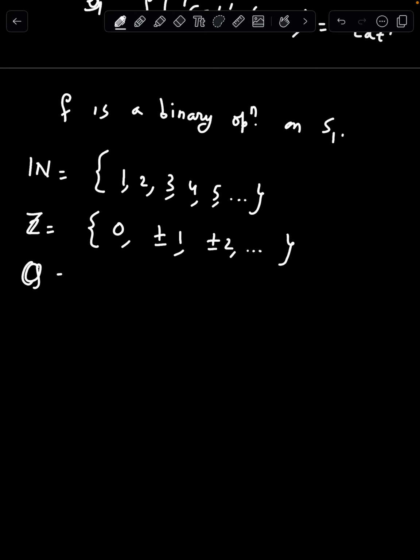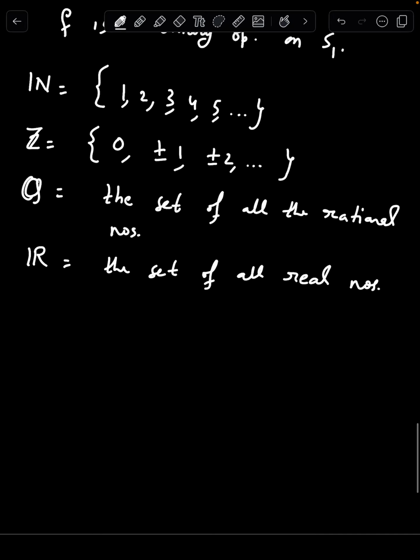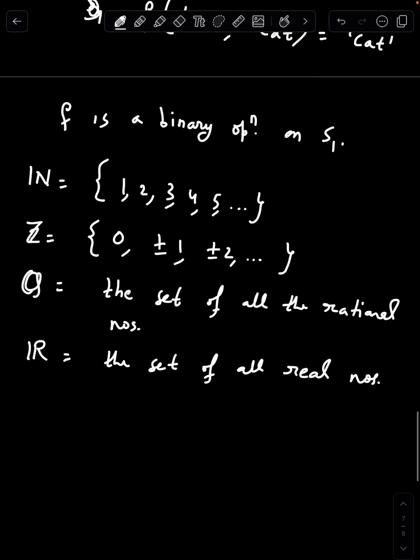Script Q is the set of all rational numbers. And script R is the set of all the real numbers.